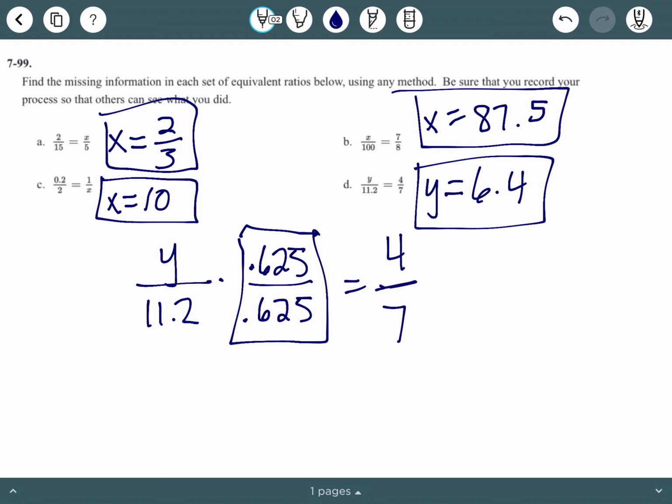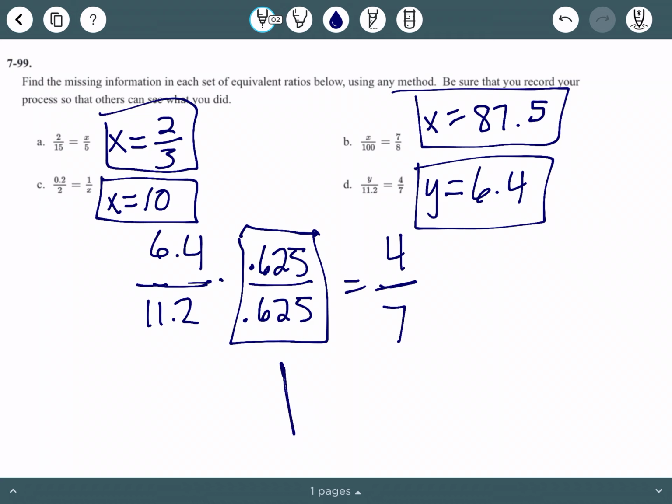So 4 divided by 0.625, that is still going to give me 6.4.